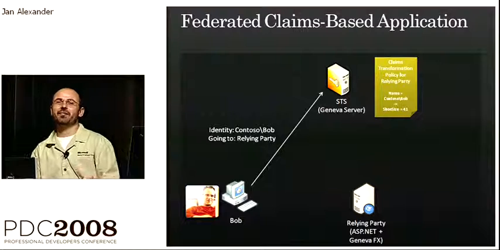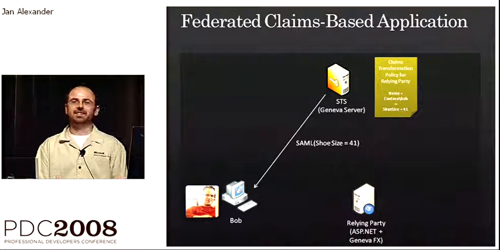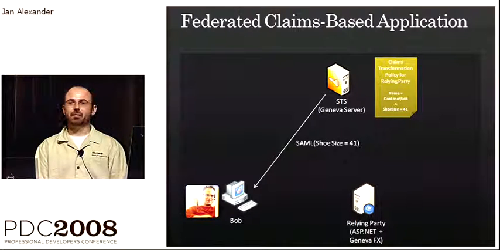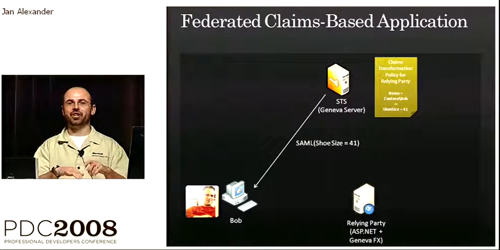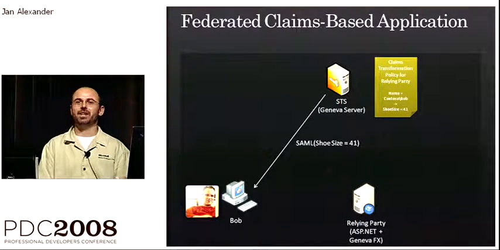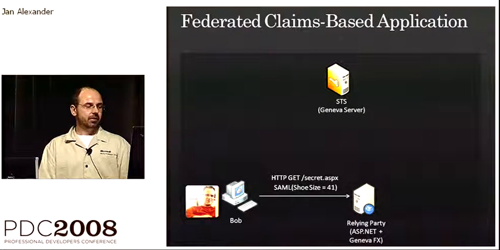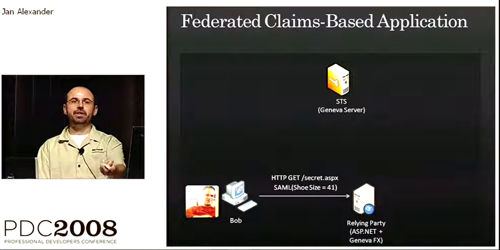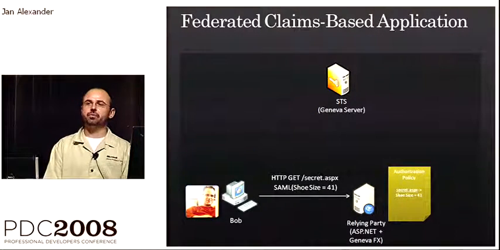So 41 really is something like 8 here. The STS creates a token. In this case, it's a SAML 1.1 token, I believe. It doesn't really matter, because the Geneva framework abstracts everything away, so you don't have to worry about what token format the claims are transmitted in. And the user, or Bob, sends that token along with the request to the secret page at the relying party. The relying party, as I said, has an authorization policy in it.